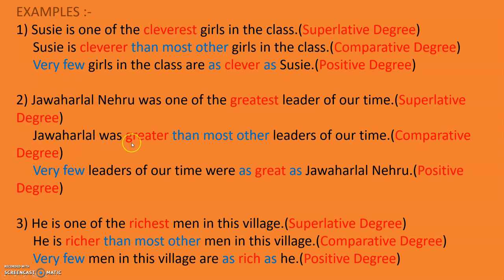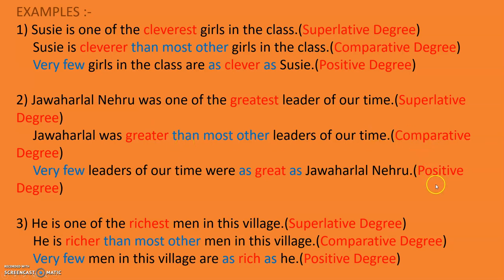Jawaharlal was greater, ER, comparative, than most other leaders of our time. You can see here, than most other girls. Here it is, than most other leaders. The same words which are there in that sentence you have to write. So, leaders of our time. So, this is comparative. How do we know? Because you're putting the word than and you're putting ER.